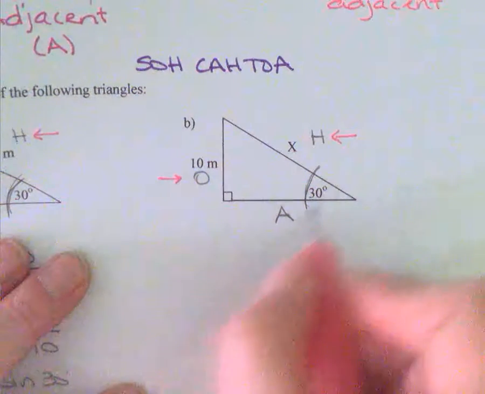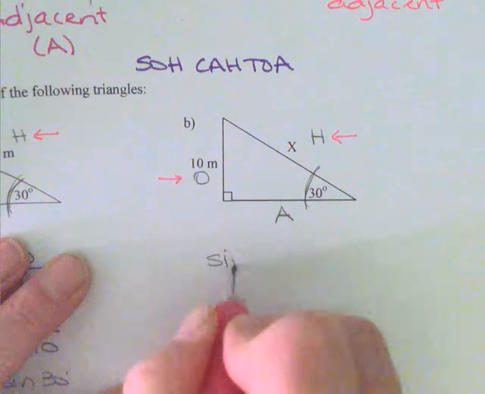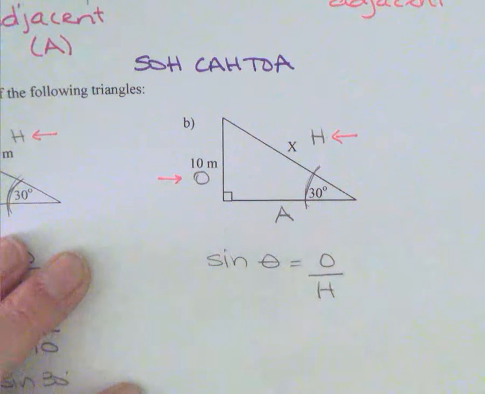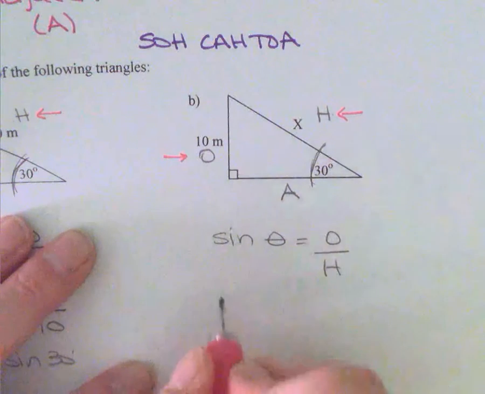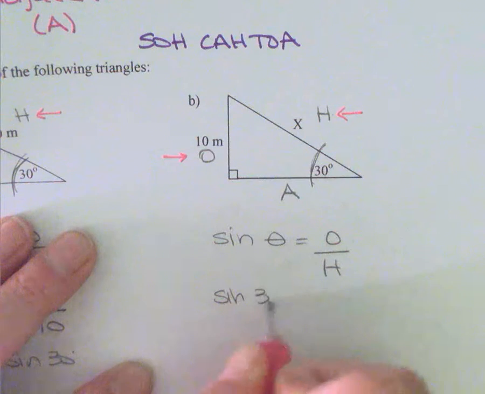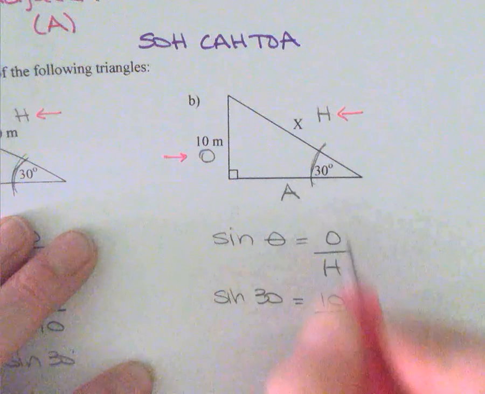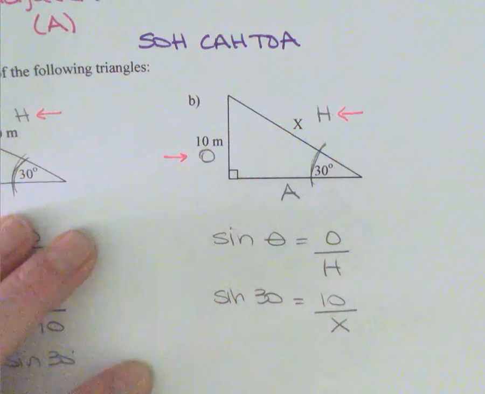So again, I want the sine ratio. So I'm going to say sine theta is equal to opposite over hypotenuse. So I have sine of 30, in this case, the opposite is 10, and the hypotenuse is x.